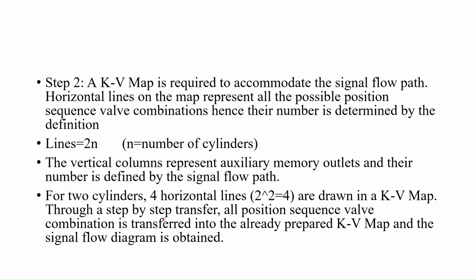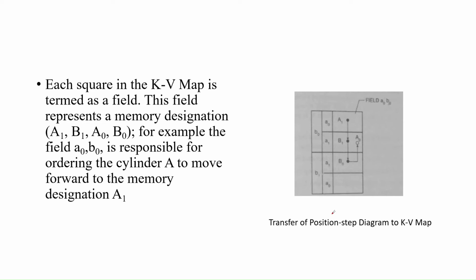By step transfer, all the position sequence value combinations are transferred into the prepared KV map and the signal flow diagram is obtained. So this is how a signal flow diagram or KV map looks. When we look at this KV map, we can see there are 3 columns.